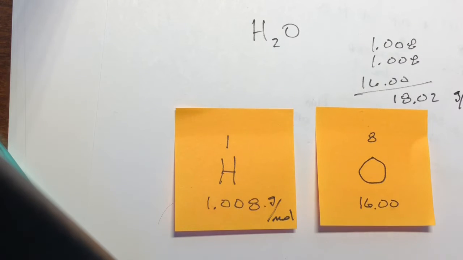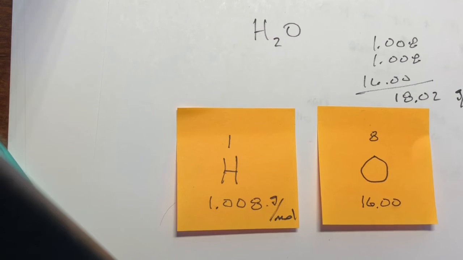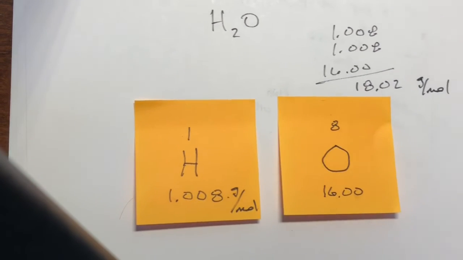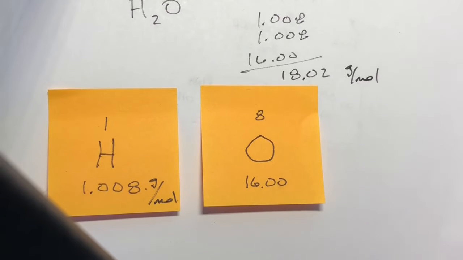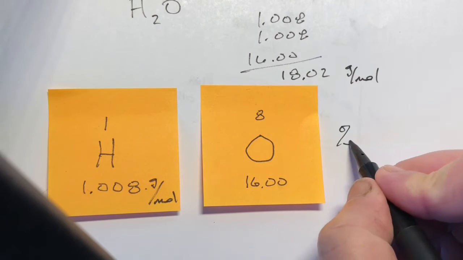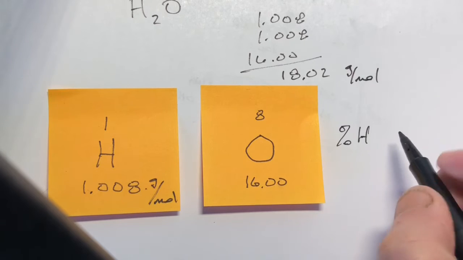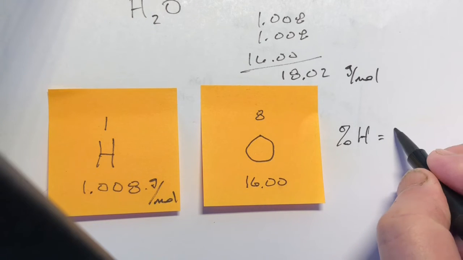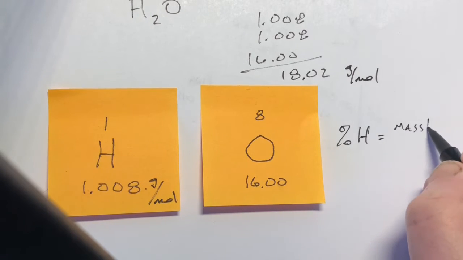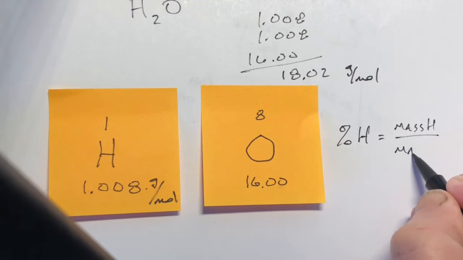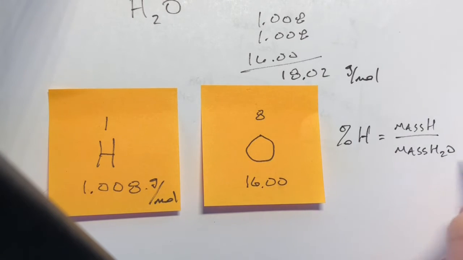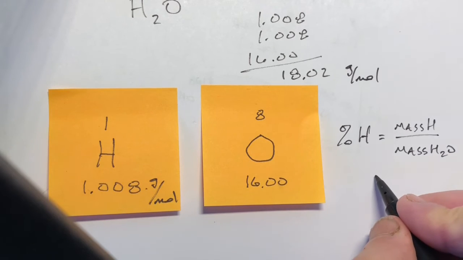If I needed to go a little further and calculate the percent of either of those elements in water, what I could do is take the mass of hydrogen over the mass of H2O. And it doesn't matter how much I have, right? If I have 10 molecules, or a billion molecules, or a mole of molecules, the ratio will be the same.